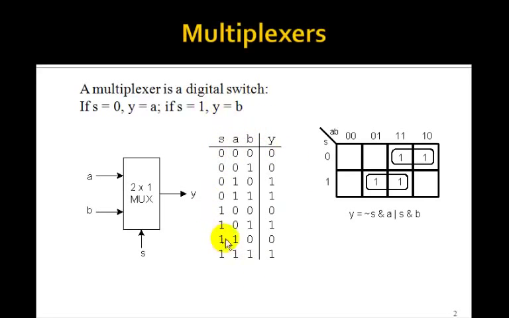So we can make this truth table where here's S equals 0, so Y is the same as A. Here S is equal to 1, and so Y is the same as B. There are 4 ones in the output, so we can make a Karnaugh map, shown here. The values of 1 correspond to the minterms 0, 1, 0, 0, 1, 1, 1, 0, 1, and 1, 1, 1.